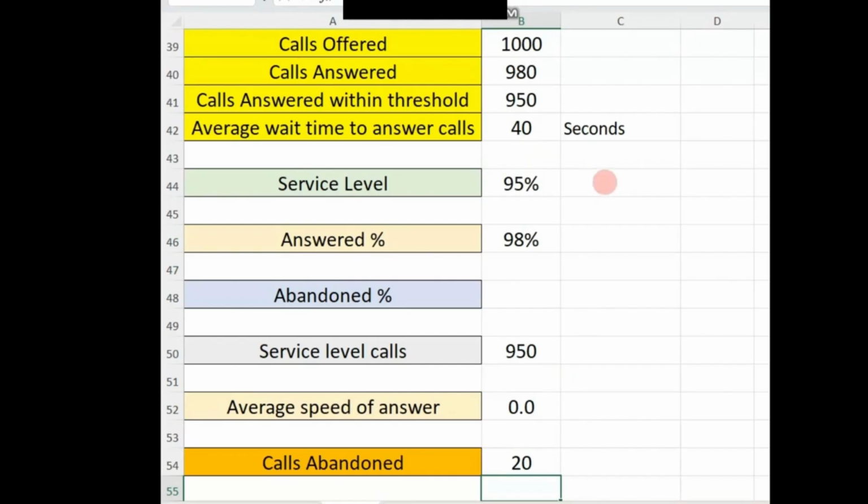So now let's find out the second way to calculate the service level. This was the first one to calculate the service level, and now let's find out with the help of another method. Now we have the calls abandoned also.